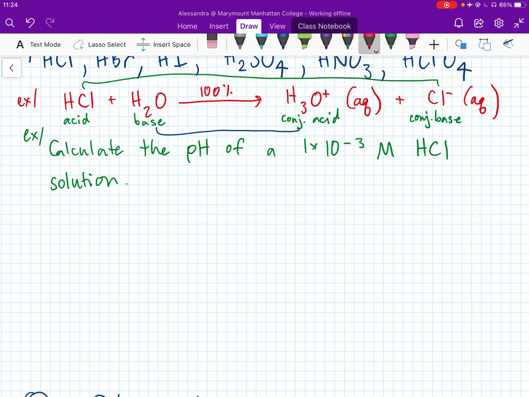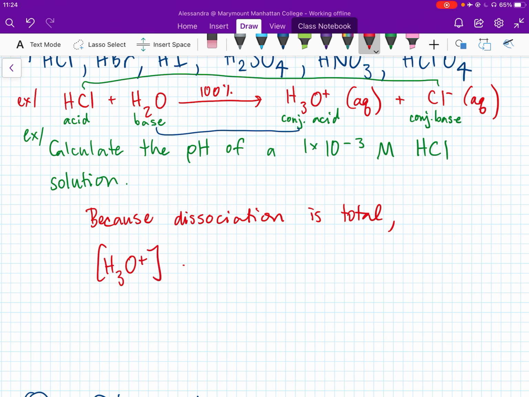So because dissociation is total, all the way to completion, 100%, the hydronium concentration in that solution is going to be equal to the original concentration of HCl, whatever it is.